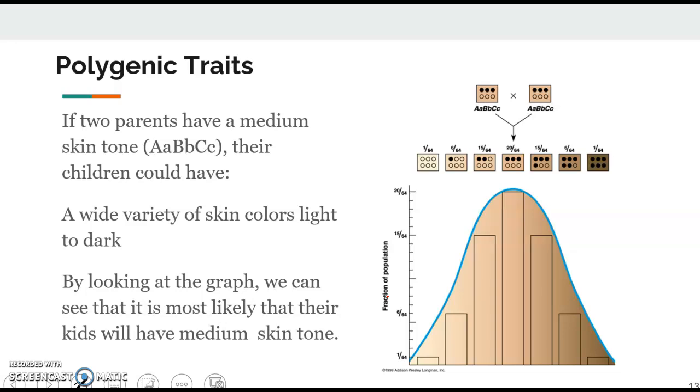So if two parents have a medium skin tone, because you have all these different genes controlling skin color, their kids could be any combination of this. Let's say they got two uppercase A's, two uppercase B's, two uppercase C's, and then they would be at one end.